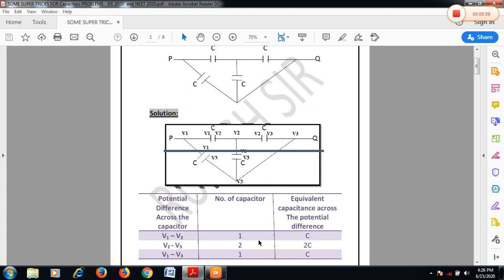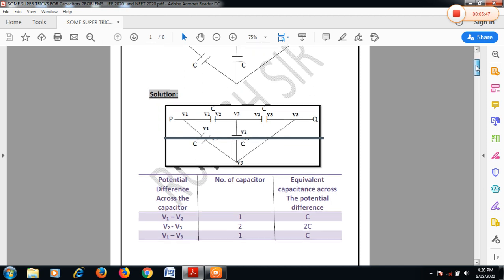The equivalent capacitance between V2 and V3 is 2C, because they are in parallel combination, so we have C plus C. Now, between the potential difference V1 and V3, we have only one capacitor, this capacitor, and so the equivalent capacitance across V1 and V3 is C.